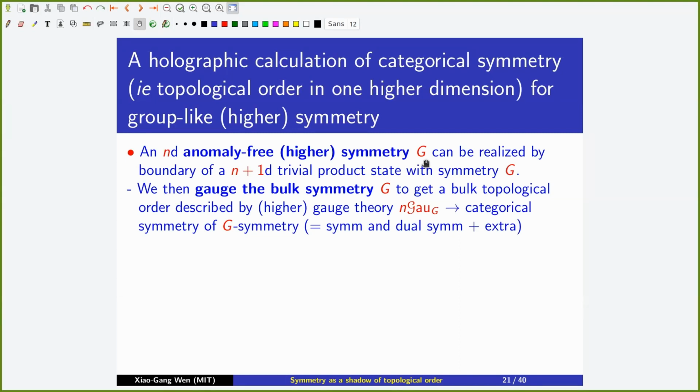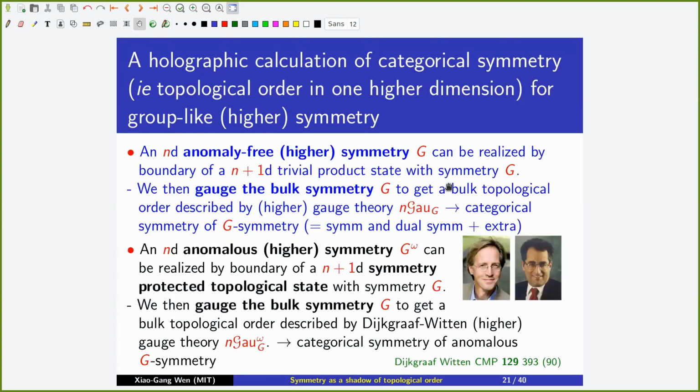Then we gauge the trivial product state in one higher dimension, and we get a gauge theory. Then we find that the categorical symmetry is just a gauge theory of the same gauge group in one higher dimension. By gauging in one higher dimension, you automatically recover the dual symmetry. And you also recover the extra structure, because the symmetry and dual symmetry have non-trivial mutual statistics, etc. So those structures are all there. Okay, so this is one way.